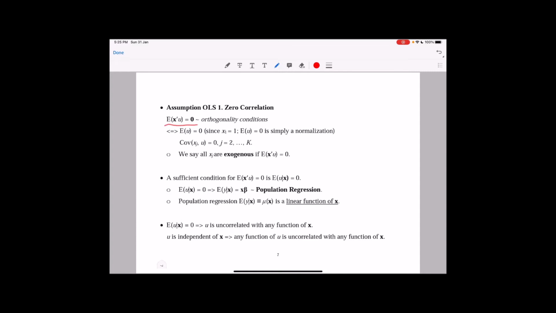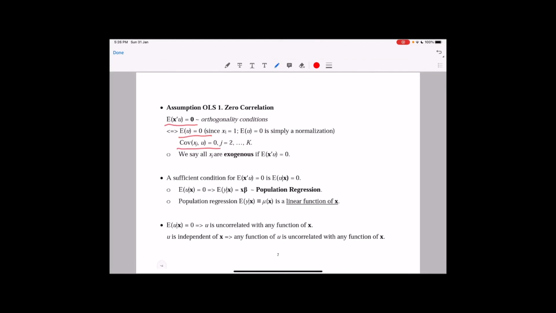It assumes that x, the explanatory variables, are orthogonal to the error term u. And this condition is equivalent to assuming that the mean of the error term is 0, and the covariance of xj and the error term is 0 for all j, for all the explanatory variables.